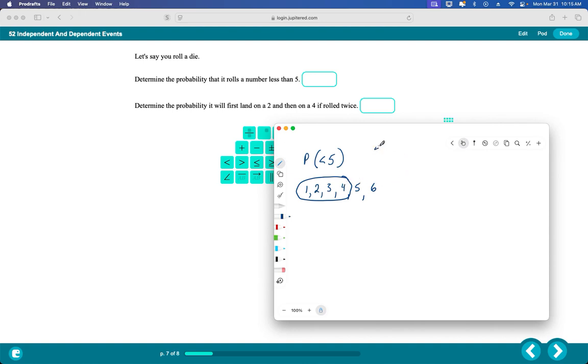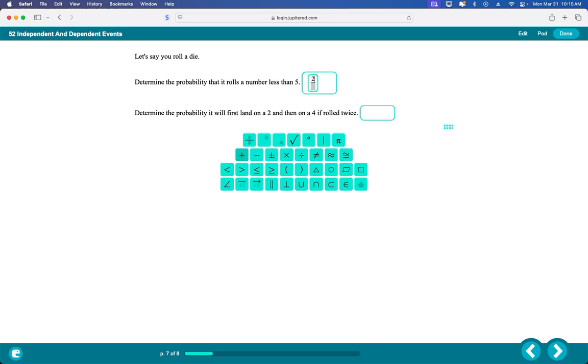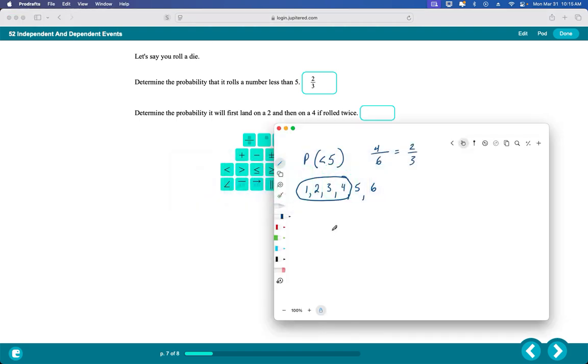So we have 4 out of a total of possible 6 outcomes that would be what we want, right? So there's a possible 4 out of 6 to be less than 5. We can reduce this fraction to 2 over 3. That's your answer. 2 out of 3.